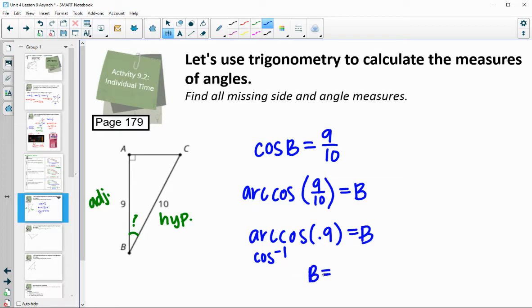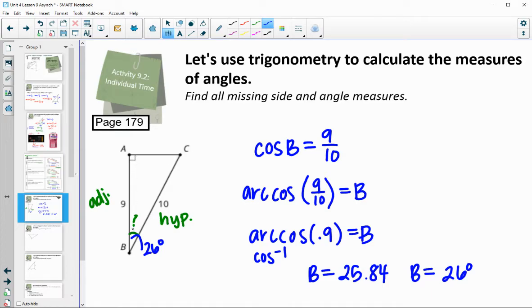So that's going to be angle B. Angle B to the nearest degree: it was 25.84 in the calculator, so angle B is going to be 26 degrees. Then you can subtract 26 from 90 to get the other angle, just using the triangle sum theorem.